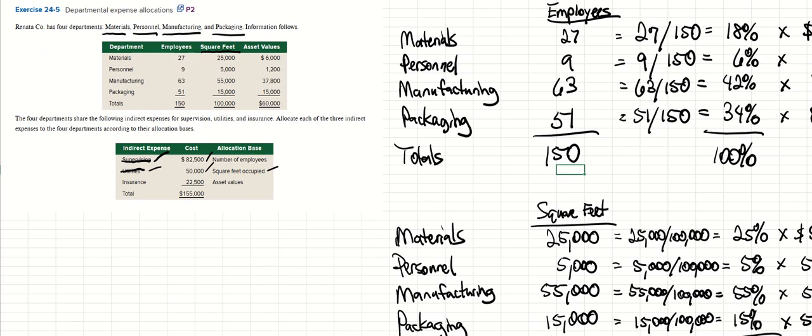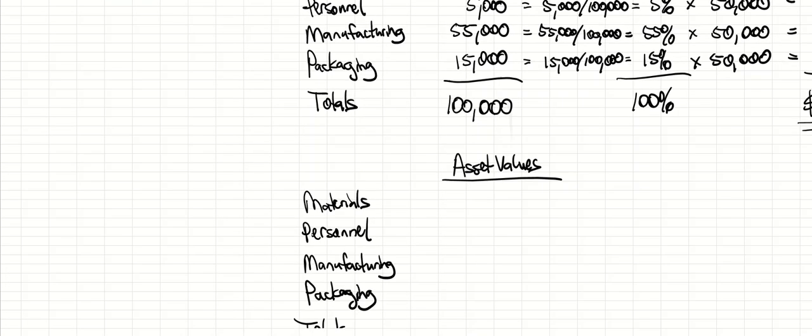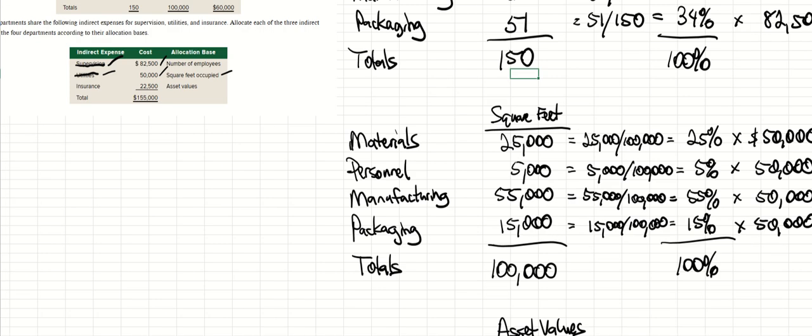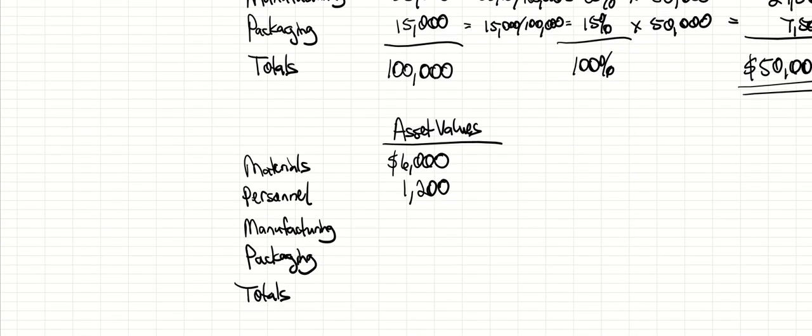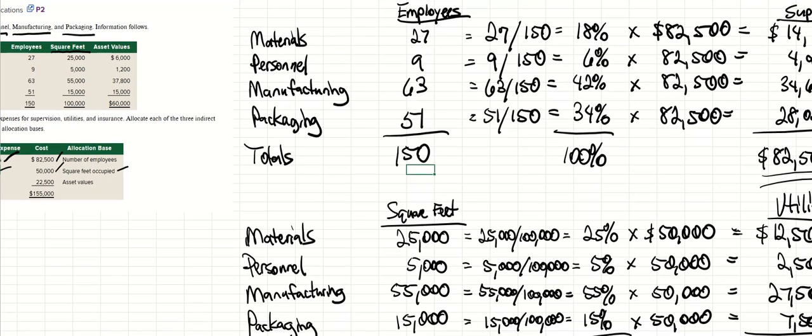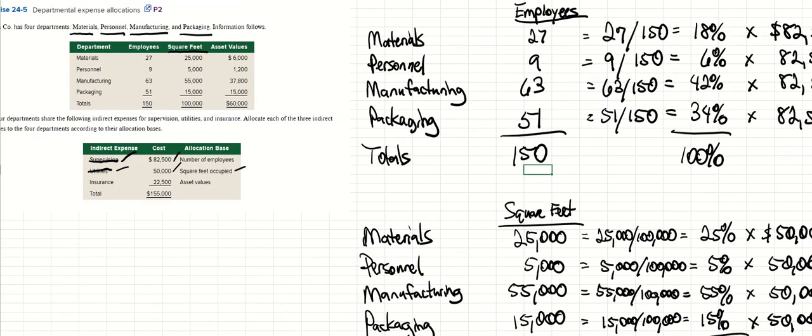So asset values for materials is 6,000. For personnel is 1,200. Manufacturing is 37,800. And then packaging, it's 15,000.